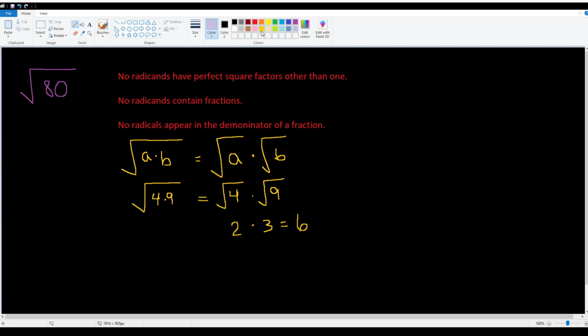So like I said before, we need to understand what our perfect square factors are. Well, if we remember our perfect square factors, we have 1, but we want other than 1, so we really aren't going to use that, but we'll keep it there.